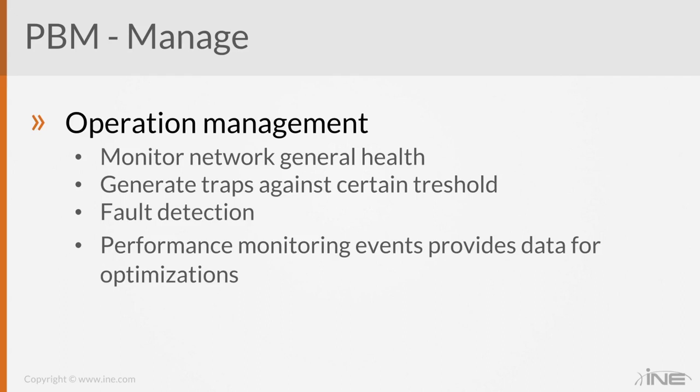So that would be the fault detection. And the performance monitoring events to provide data for optimization. So at this point, you should be able to provide a new baseline. So this is going to be your baseline on forward now. So if at some point you saturate more links, well, you'll be able to compare.